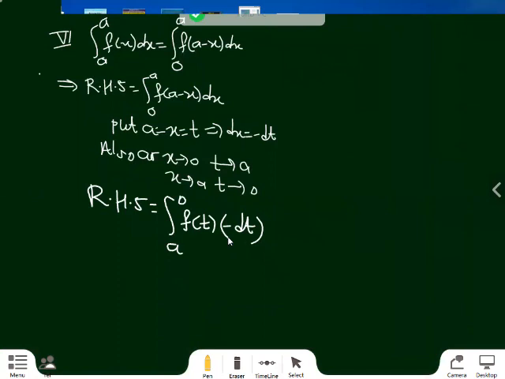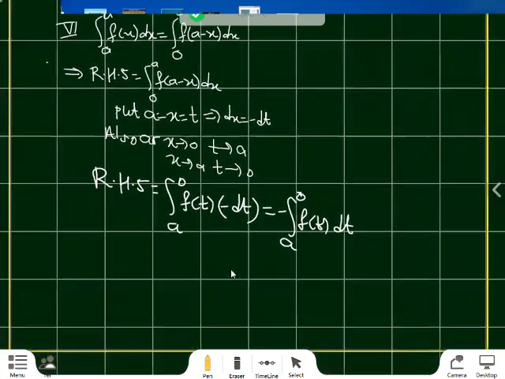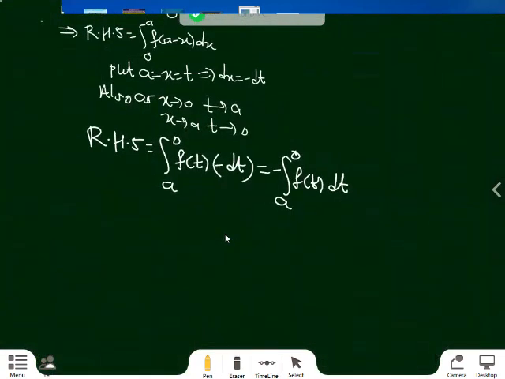Now take the negative sign outside the integral, so it becomes minus integration from a to 0 f of t dt. So now by using the property, this can be written as integration from 0 to a f of t dt.